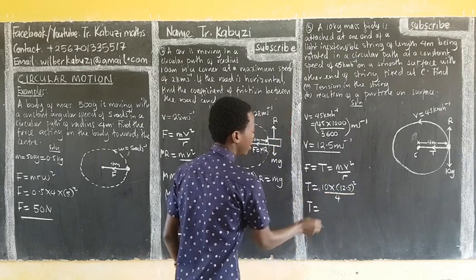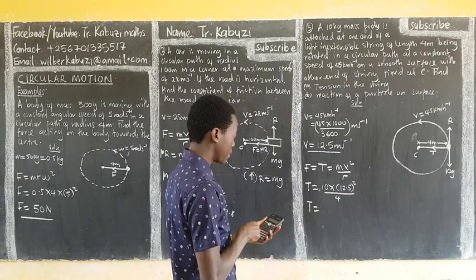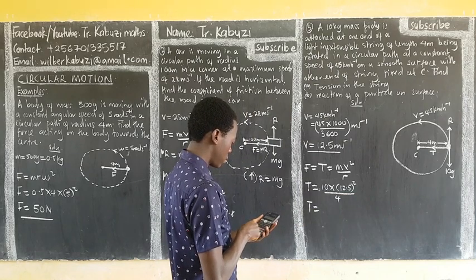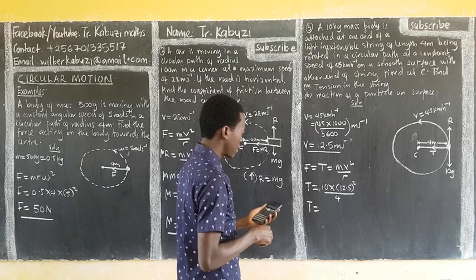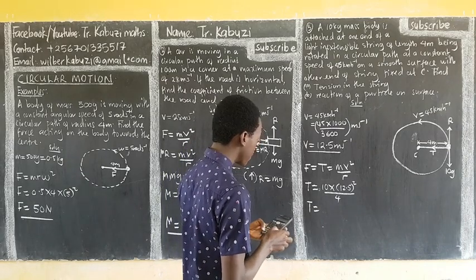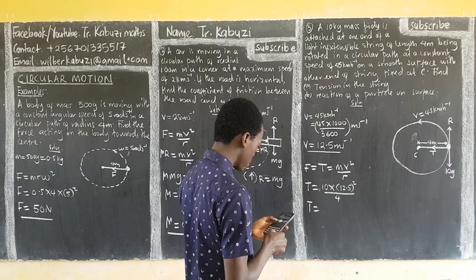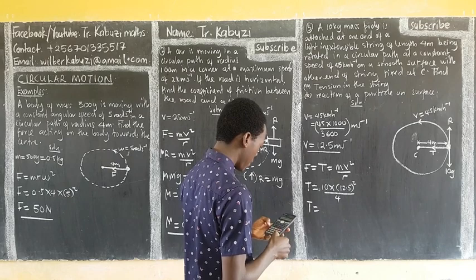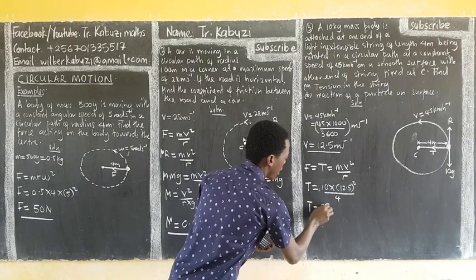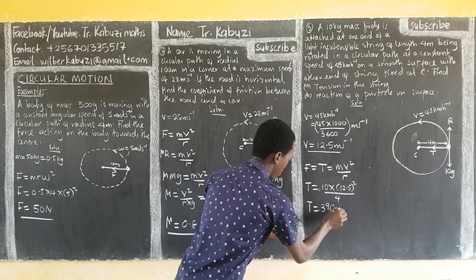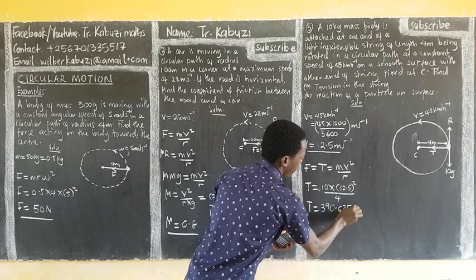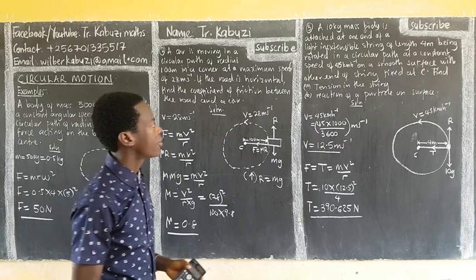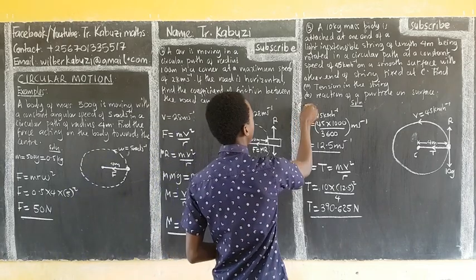So from here, our tension is going to be 390.625 newtons. So that's going to be the tension in the string. This is my part A.